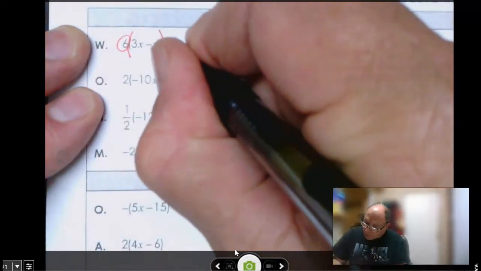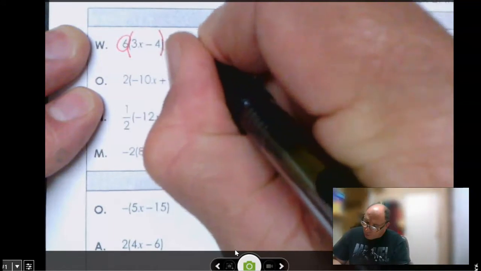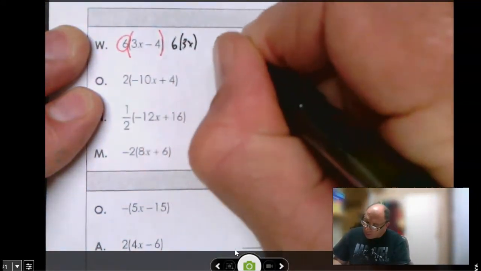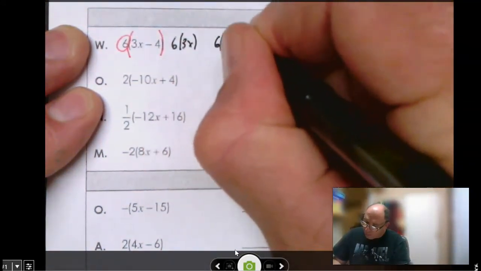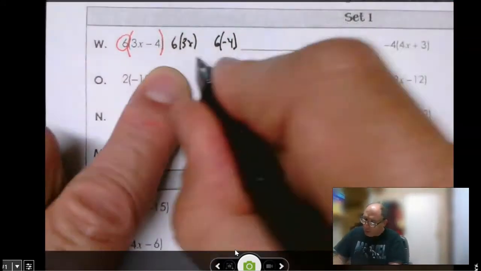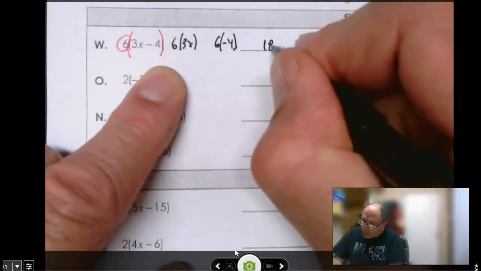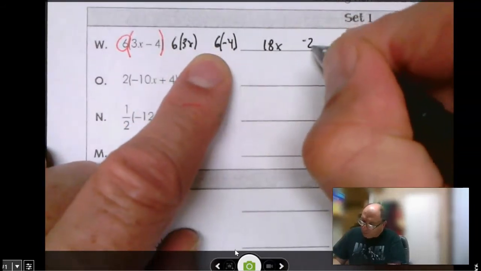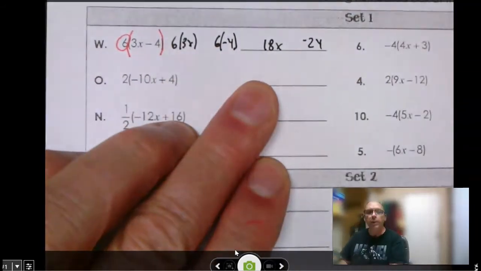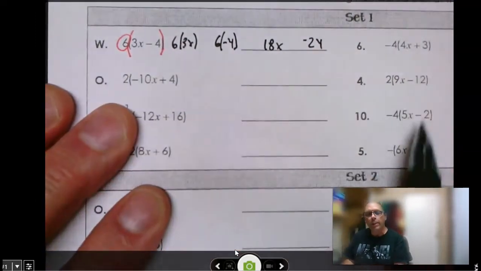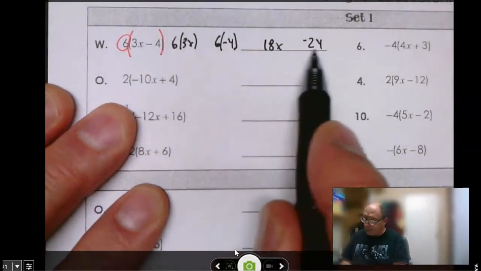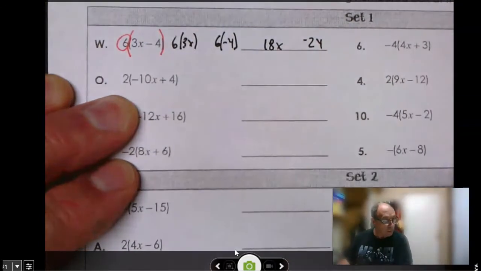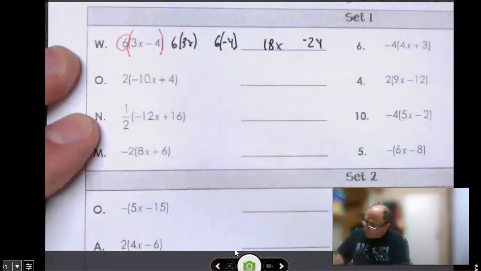So we've got the 6 distributed to the 3x, and the 6 gets distributed to a -4. And what do we get when I do that? 18x and -24. So over here on this other side, one of these is going to end up having the exact same answer.